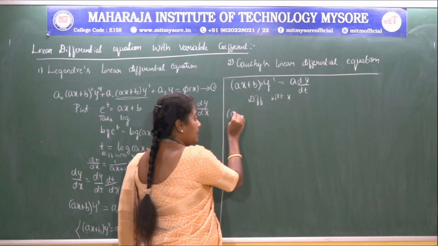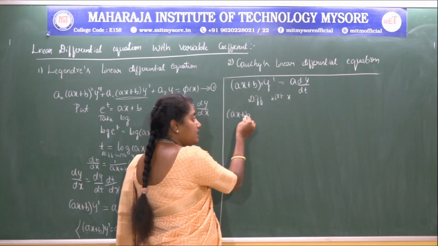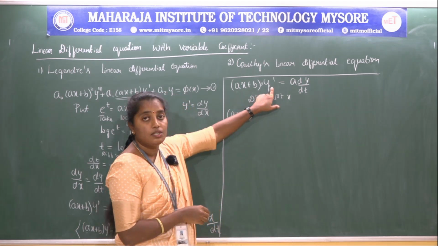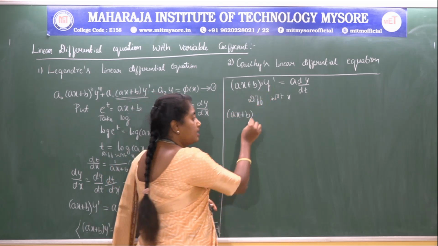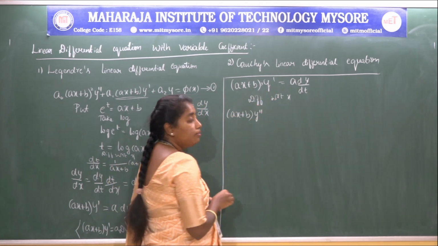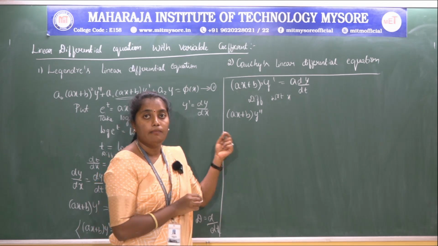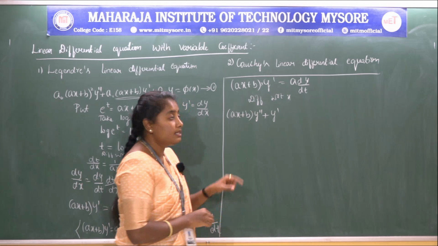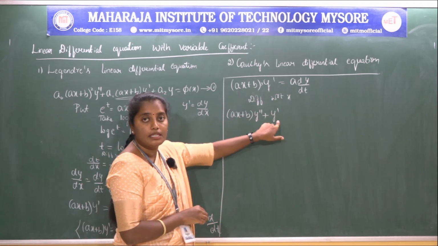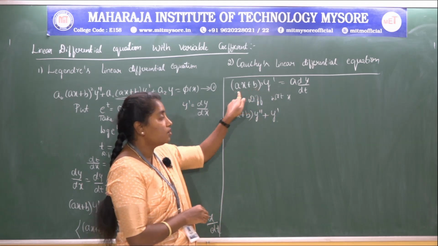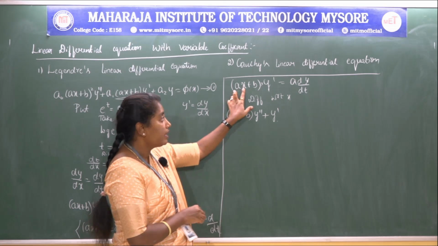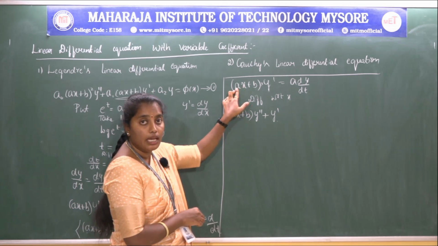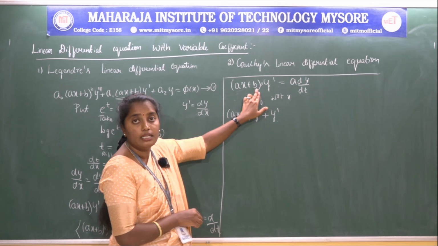Writing the first element as it is, differentiation of the second term, which is y double dash, that is d square y by dx square, plus writing the first variable as it is, the second term y dash into differentiation of the first term. Differentiation of x is 1 into a, plus differentiation of b is 0.